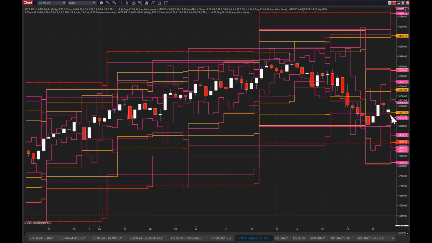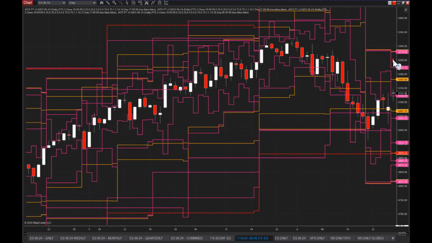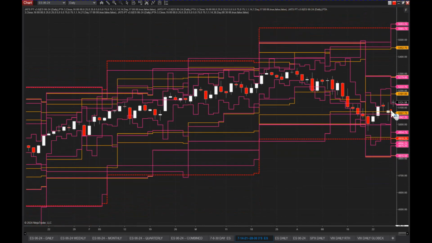So right sort of in the middle of that. So we have room to be oscillating, I think, above 5122 to 5180, maybe going into the last 2 days of the year. We will see.